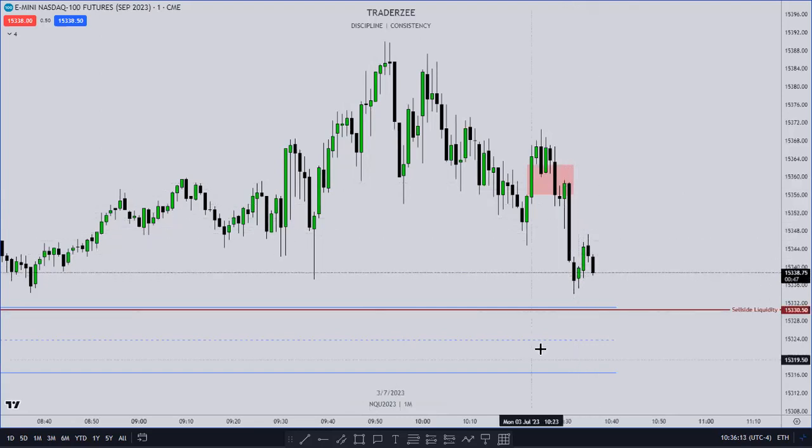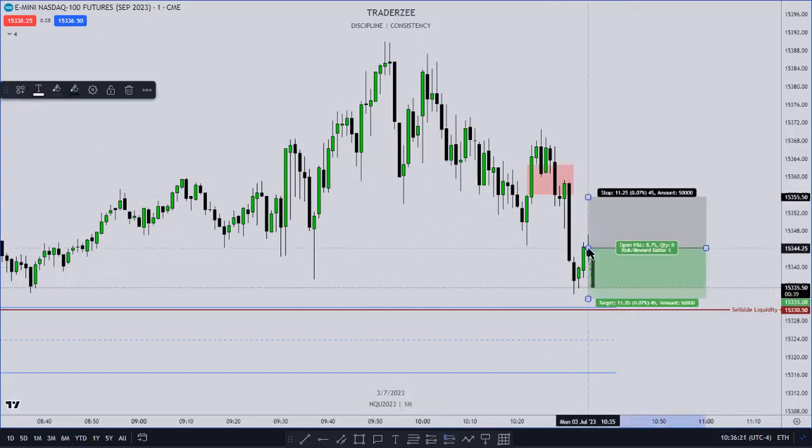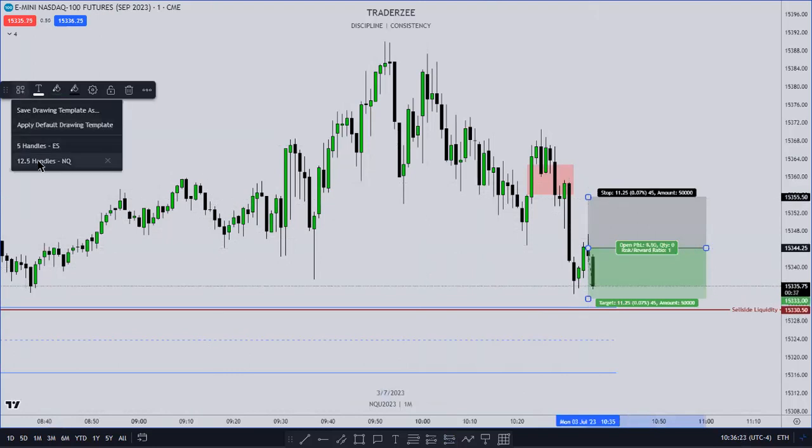Fair value gap. I'm not taking this, I'm just measuring how many points that is.